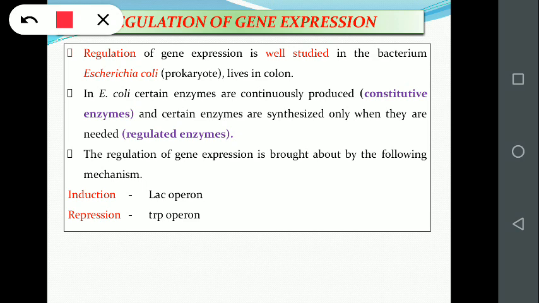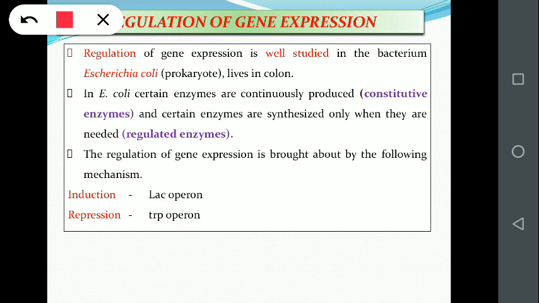They will be continuously produced, but the remaining genes, which are called regulated genes, will synthesize some of the proteins only at a particular condition, a particular situation. That means they are regulated by environmental cues.